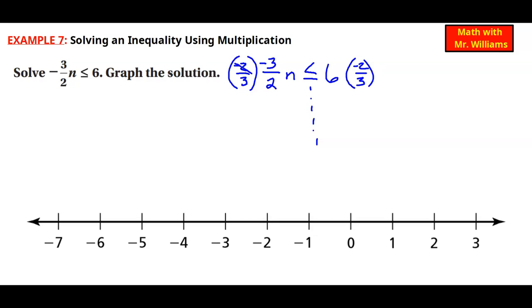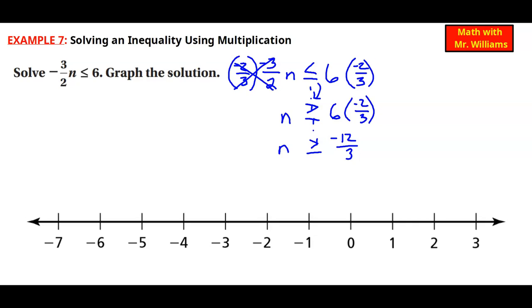All right, now this will cancel the fractions on the left, leaving us n. And because we multiplied by a negative number, our inequality will flip its direction. Now it will be greater than or equal to, and then we bring down the math on the right. Okay, so on the right, we have 6 times negative 2. We're going to say negative 12 over 3.